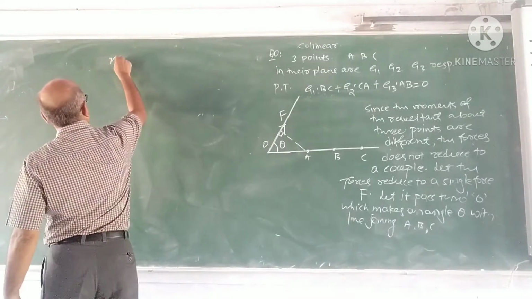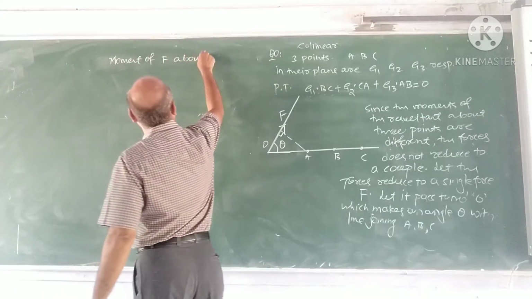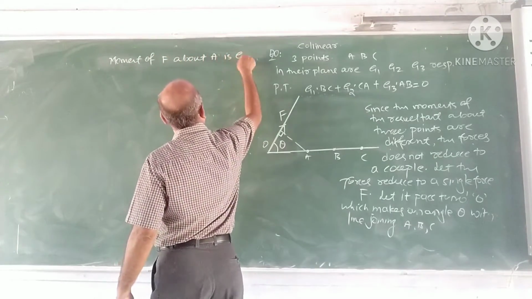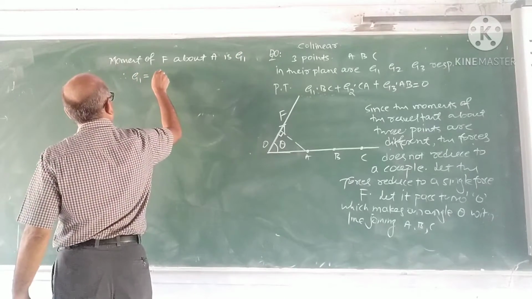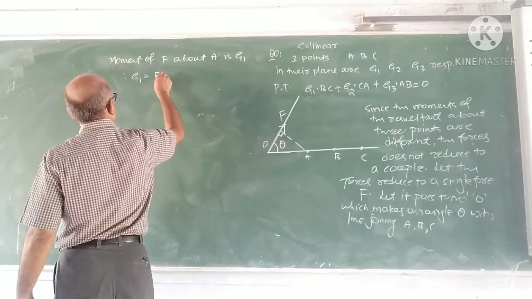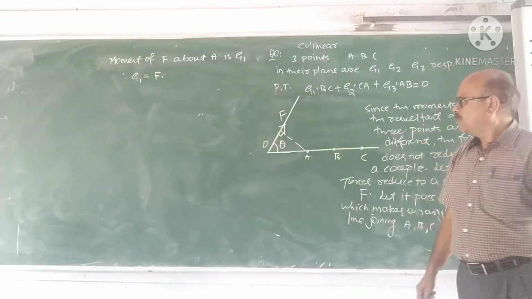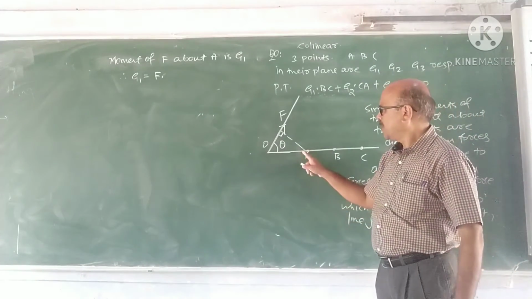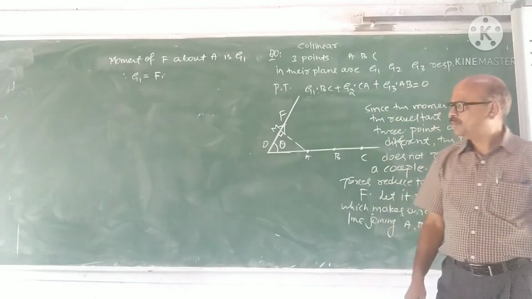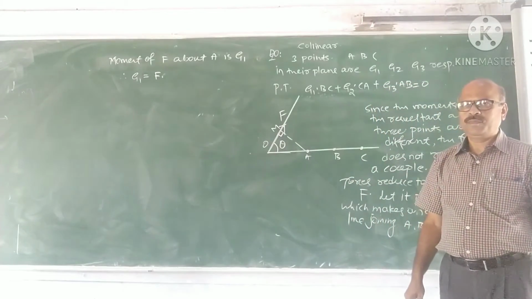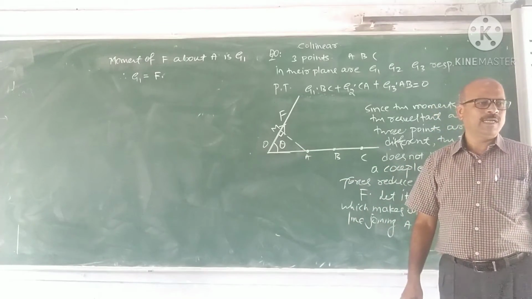Moment of F about A is G1. Therefore, G1 is F into the perpendicular distance. Anybody, what is this distance? I take this as AM. AM is OA sin theta here. Correct?